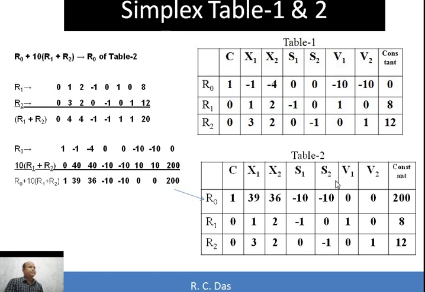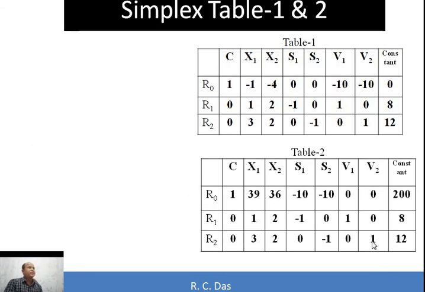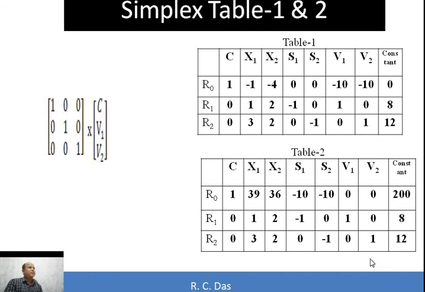Then let us put R1 and R2 as they are; they remain the same. See, in these two tables, the difference is that table number 1 has no initial basic feasible solution, but table number 2 has an initial basic feasible solution. Why? We can bring the columns of the identity matrix from table number 2.